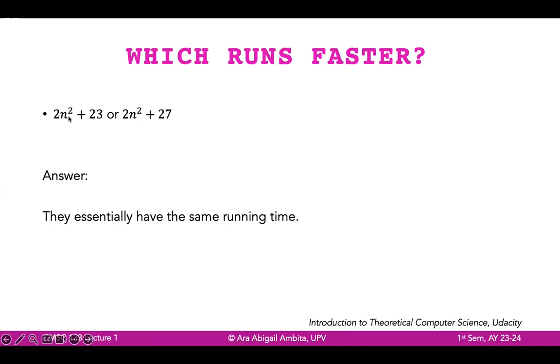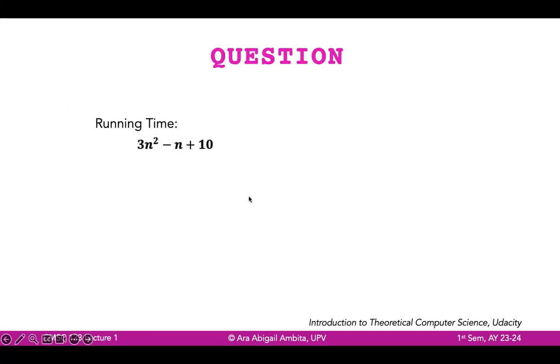What does it mean if we have n squared, or if we have a quadratic running time? It essentially means that from a programming standpoint, we have a nested loop, right? So which one would give us a faster running time? Both of these will essentially have the same running time.